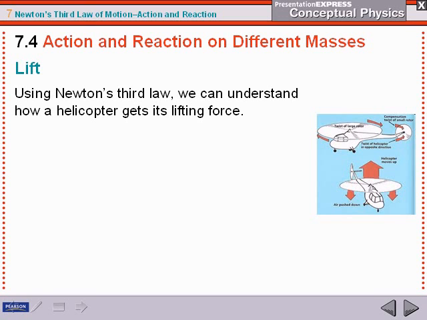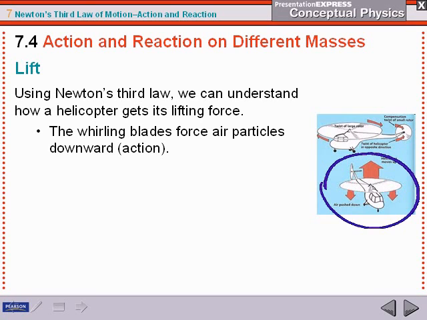Now here's another example right here. I want you to look at the helicopter in the bottom picture. The helicopter's blades spin, and as a result of that, air is forced downward. So this is the action.